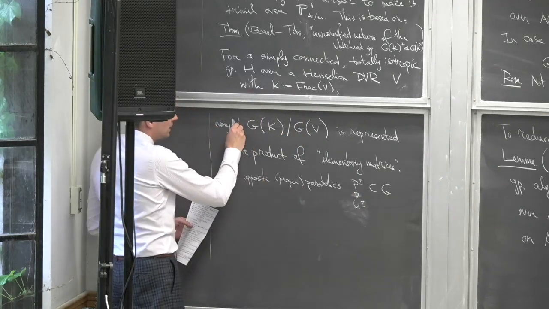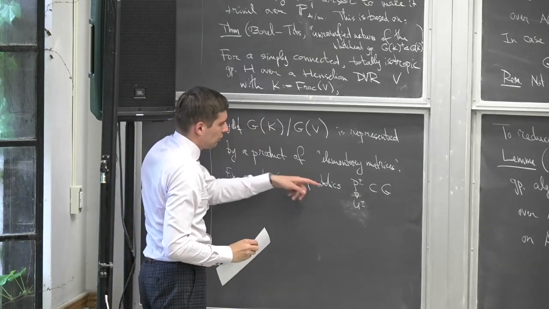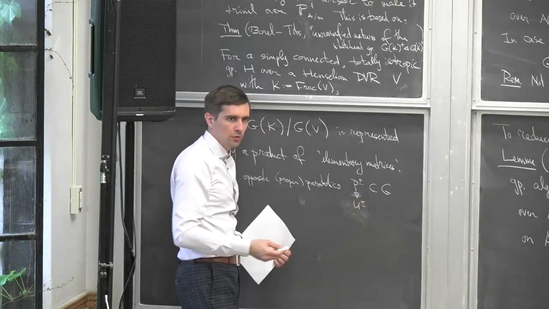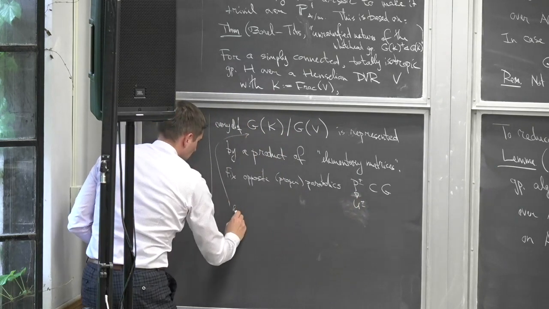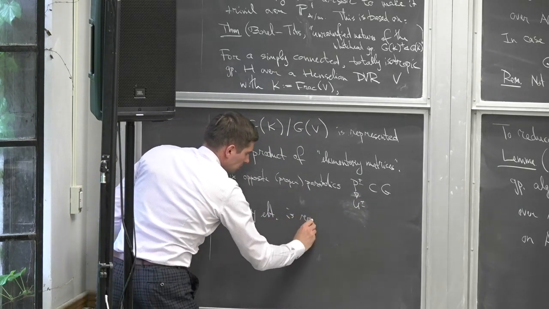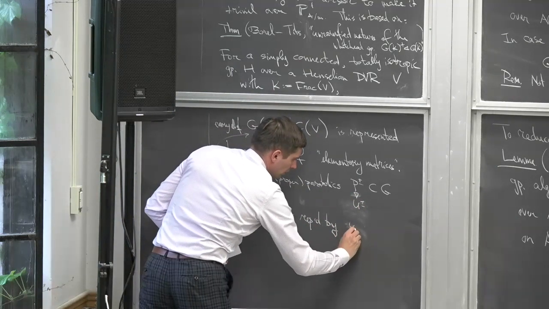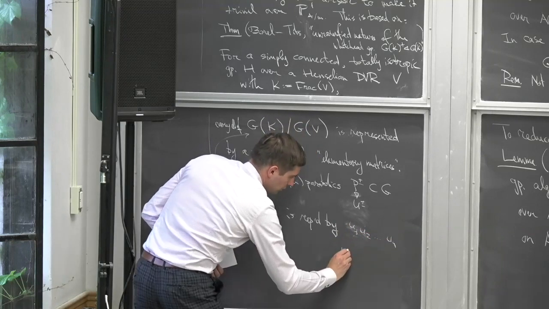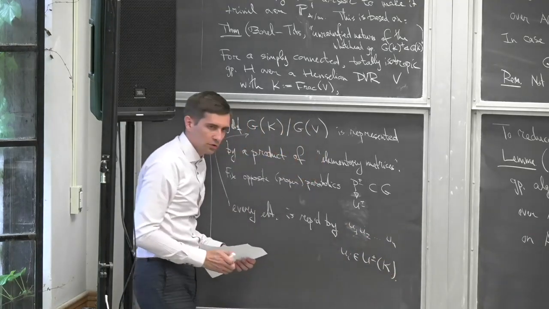What this is saying is that every element in this coset is represented by a product u1 through um, where each ui is either a K-point of U plus or a K-point of U minus.